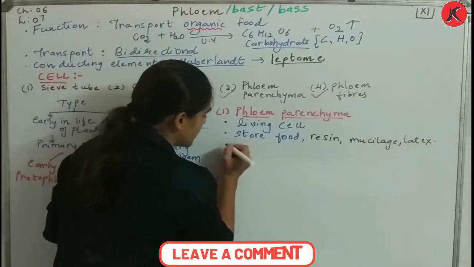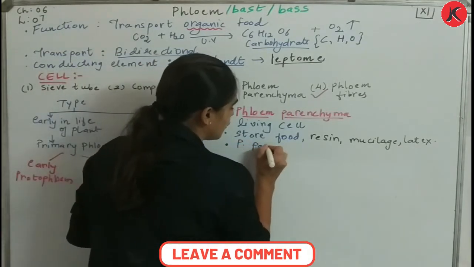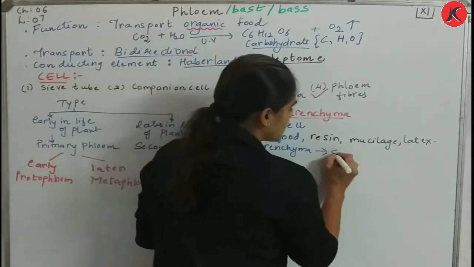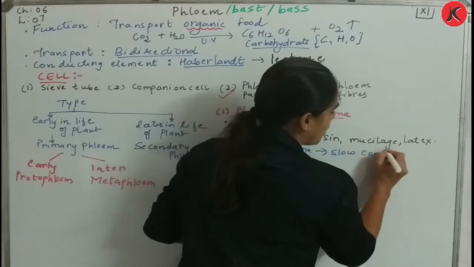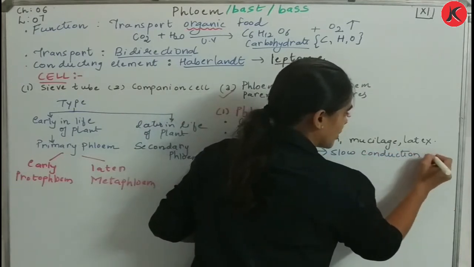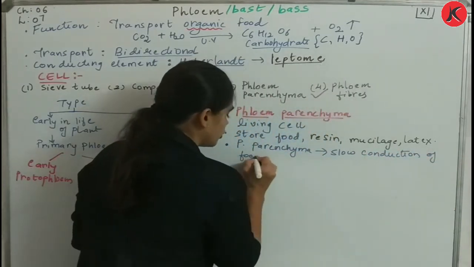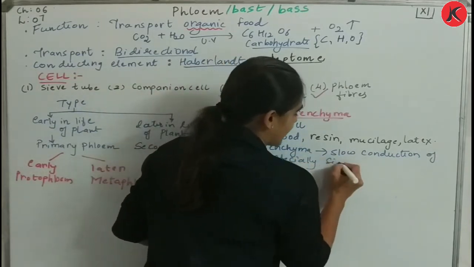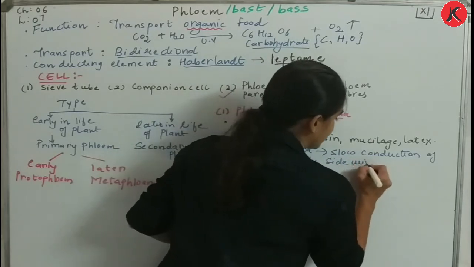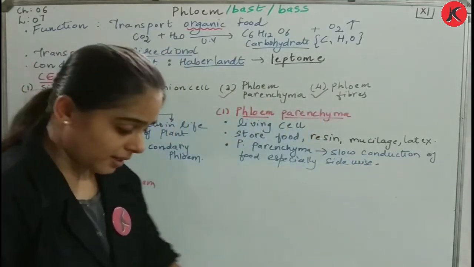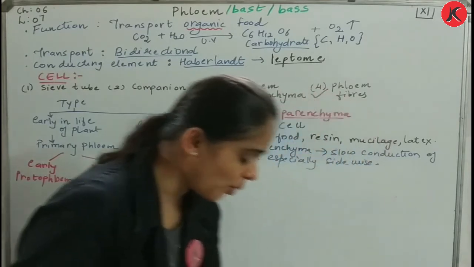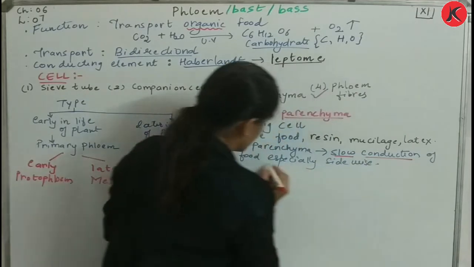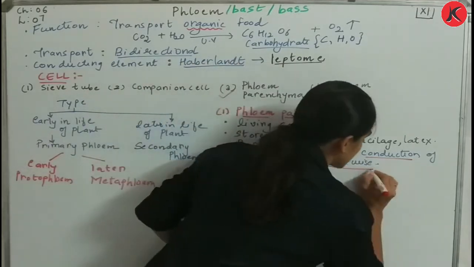Okay, dear students, if I am talking about your phloem parenchyma, so they are responsible for slow conduction of food. मतलब यहाँ पे conduction of food slow होता है, especially lateral in the sense especially sidewise. Am I clear? So this point is very much important. मैंने क्या बोला? Phloem parenchyma, slow conduction of food specially sidewise.